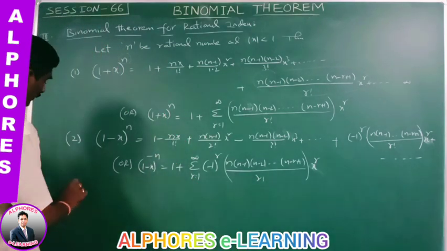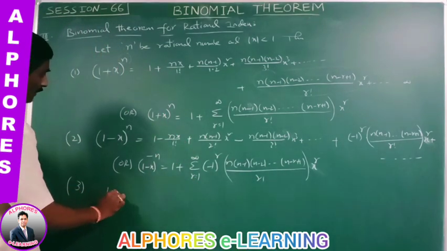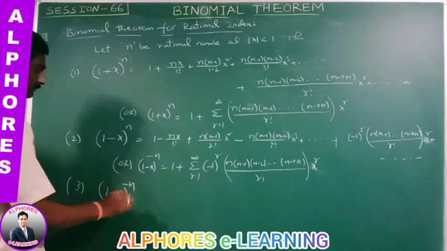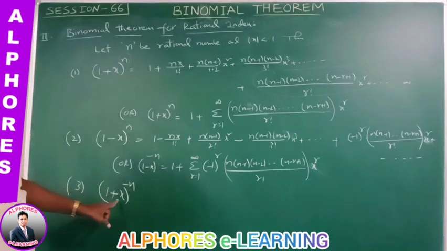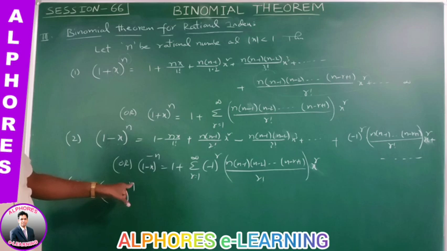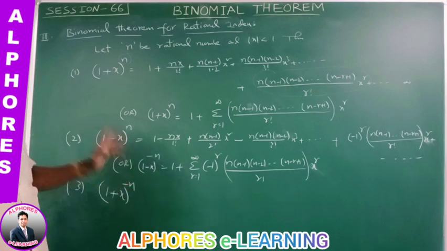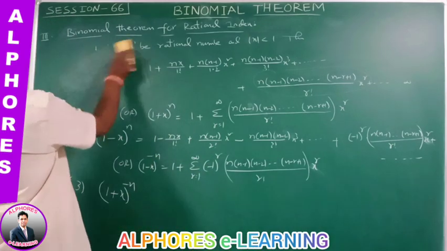Next, the third one. In this case, 1 plus x whole power minus n. Here this coefficient is positive, this power is negative. This is very very important.